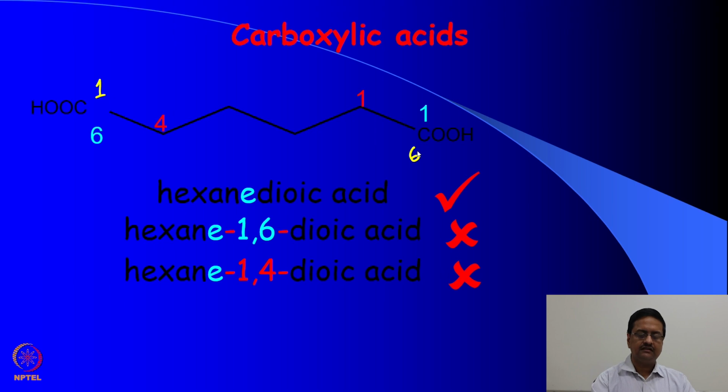Because it is a dicarboxylic acid, we write it as dioic acid, and we do not identify the positions which I have already mentioned. So, it will be hexane dioic acid, not 1,6-hexane dioic acid.